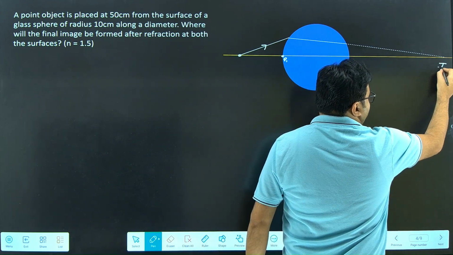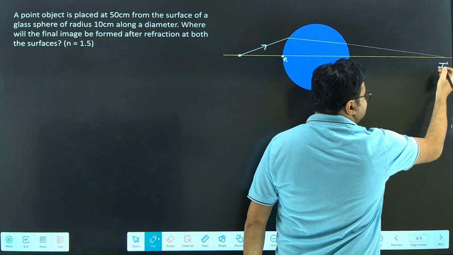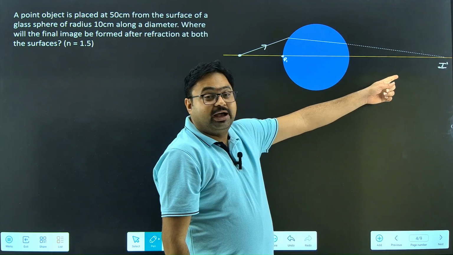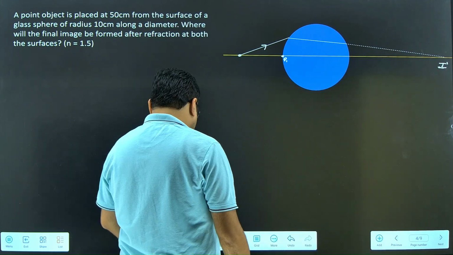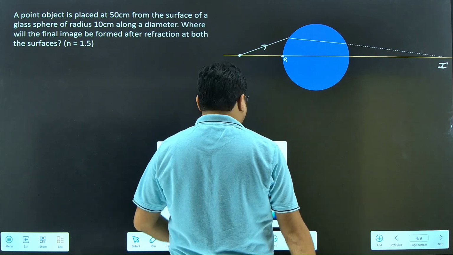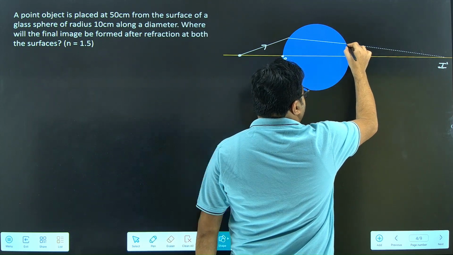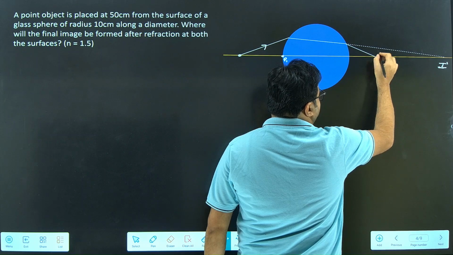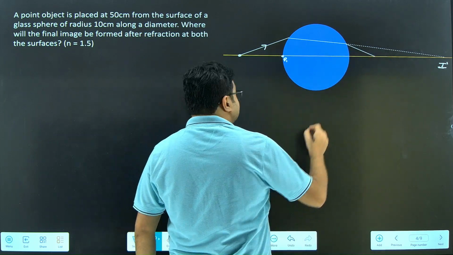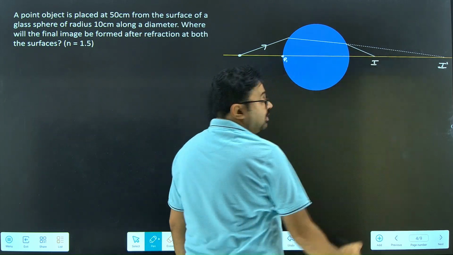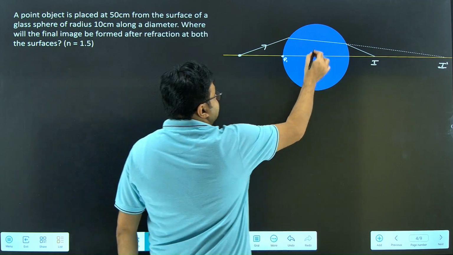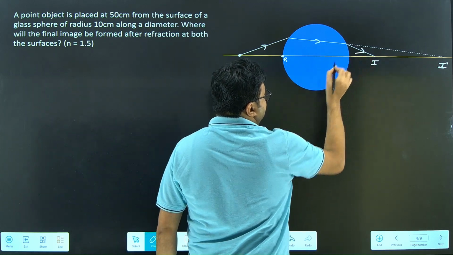Let me call that image I dash. It is an image that does not form, and that's why I have called it I dash, because the ray of light is certainly going to bend at the second surface and the final image forms here. That's where the final image forms. Let me call that image I. The ray of light has traced this path.